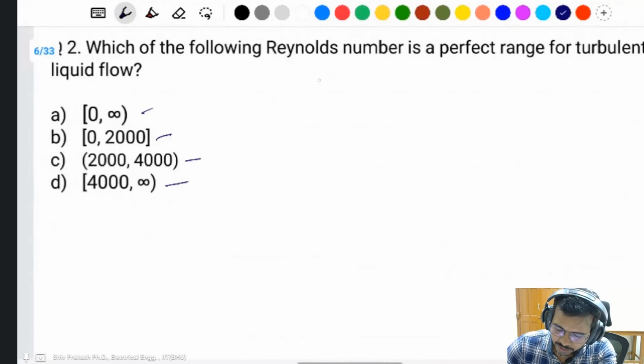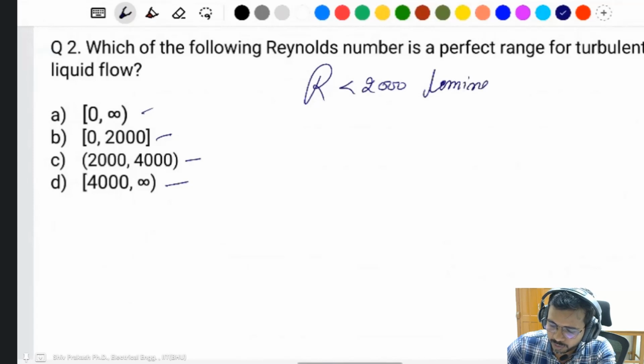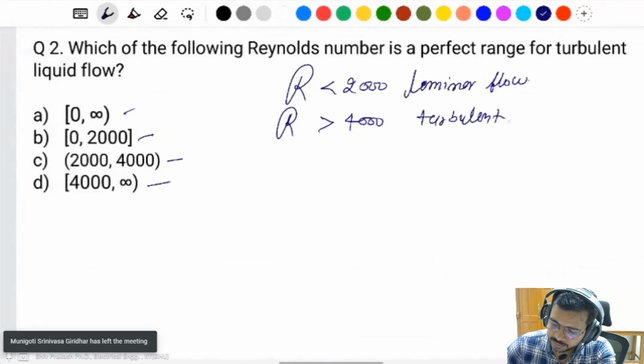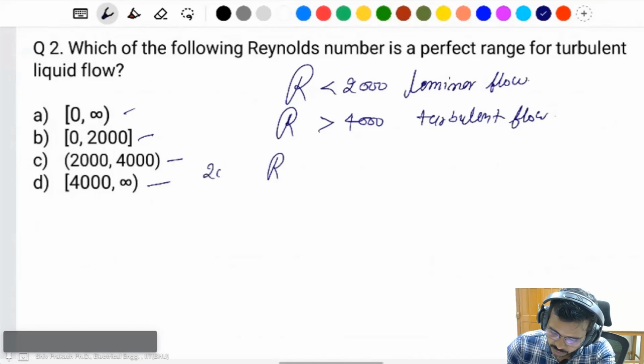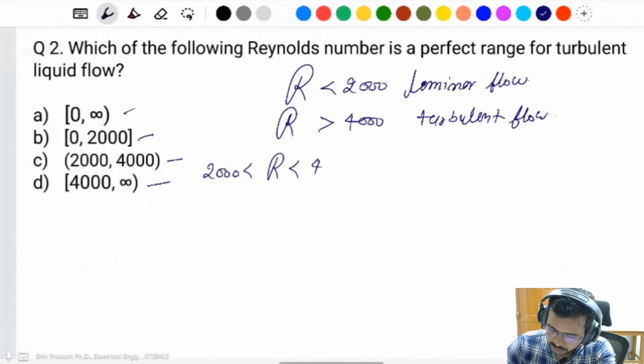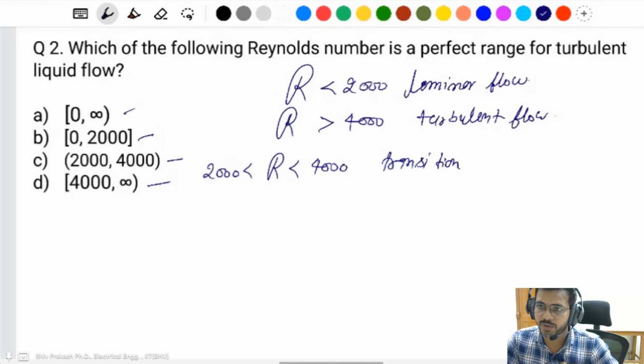The Reynolds number for water is less than 2000 for laminar flow, and greater than 4000 is turbulent. Between them, 2000 to 4000, this is the transition period, the transition from laminar flow to turbulent flow.